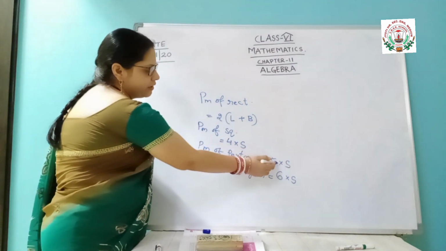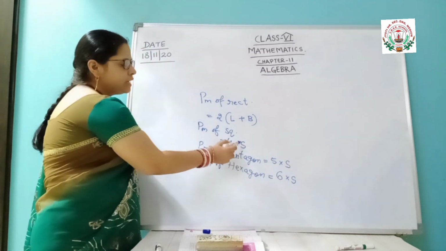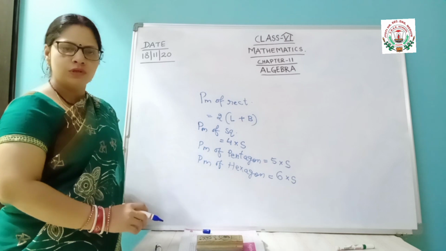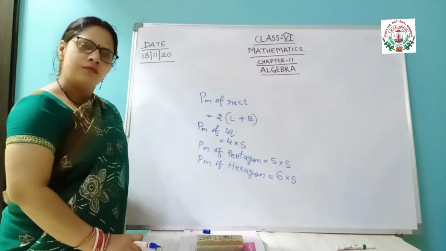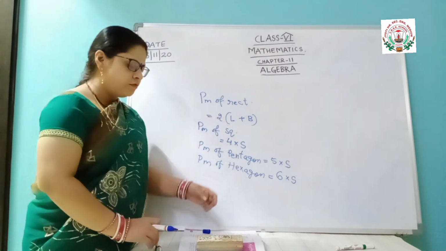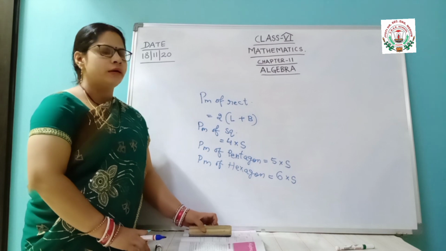So 4 into side, 5 into side, 6 into side. This just keeps on changing, where the side keeps on changing from question to question. So this L, B, S, these are all variables. Here we have used capital letters. You can use capital letters also, you can use small letters also.